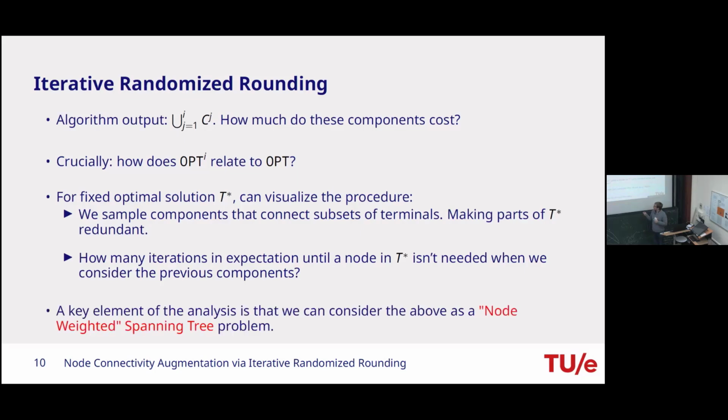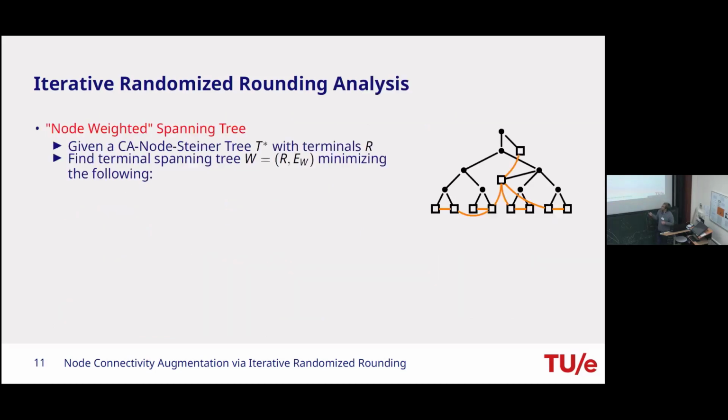And to solve this, we're interested in a kind of node-weighted spanning tree problem, where it's only node-weighted indirectly, as you'll see in just a moment. So this node-weighted spanning tree problem is basically as follows. Here we have T star drawn in black and a terminal spanning tree with these orange edges here.